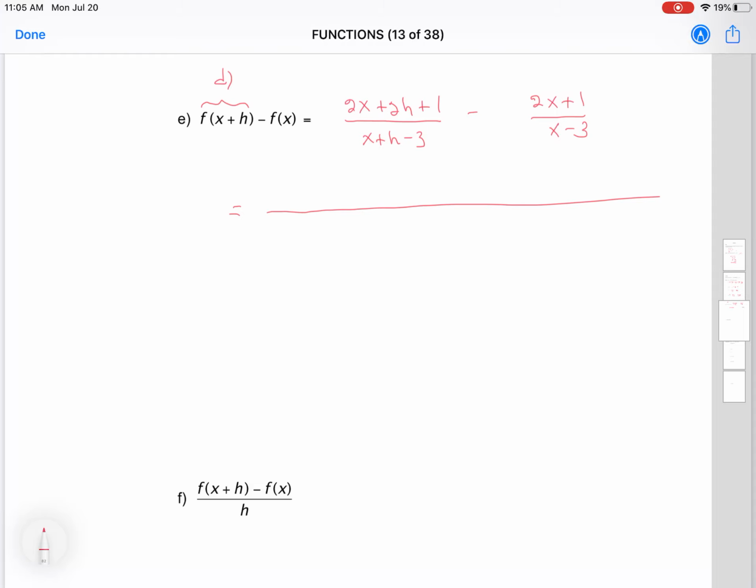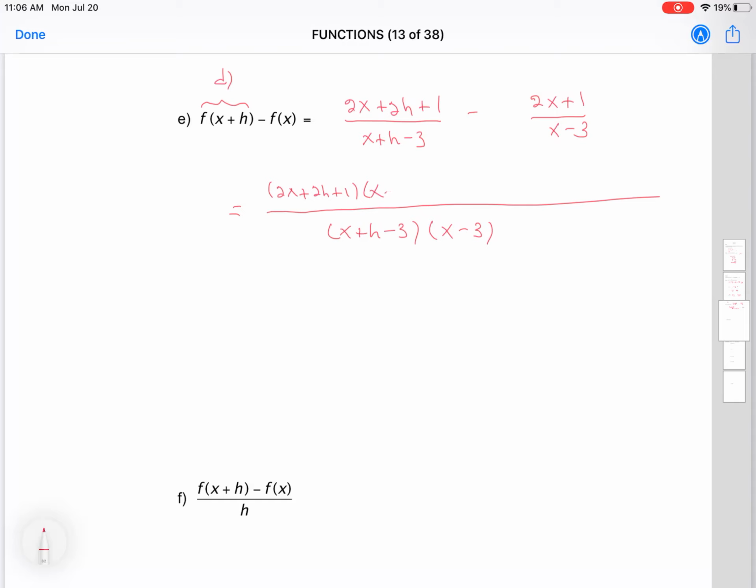I will definitely want to simplify this, and that is definitely going to require what? Well, if you answered common denominator, you're perfectly right, because this is the way we know how to subtract two fractions. So brace yourself. There's going to be a lot of algebra in here.